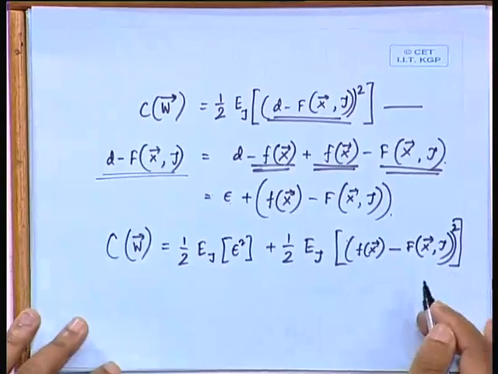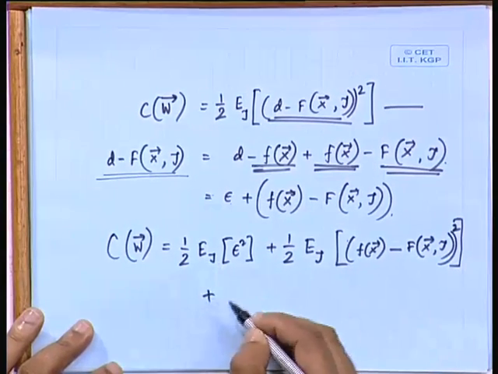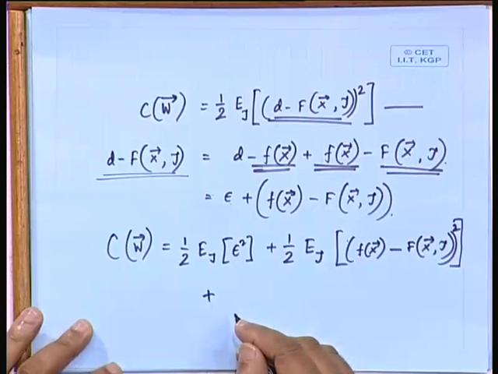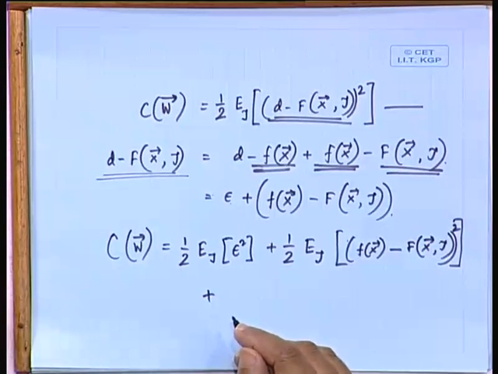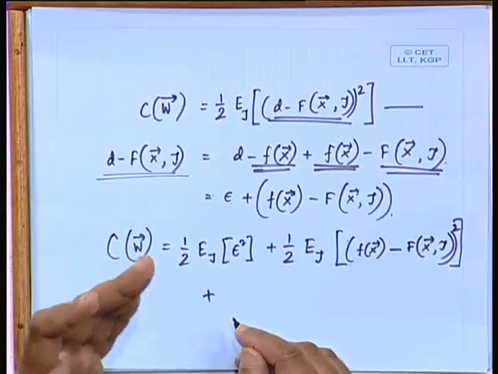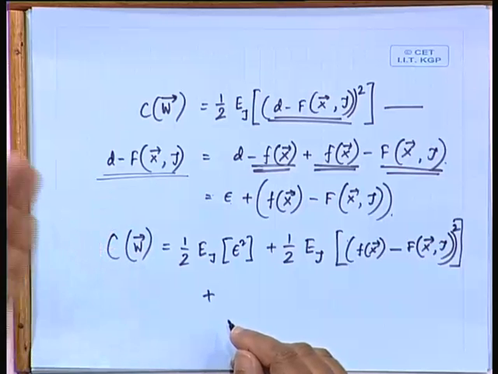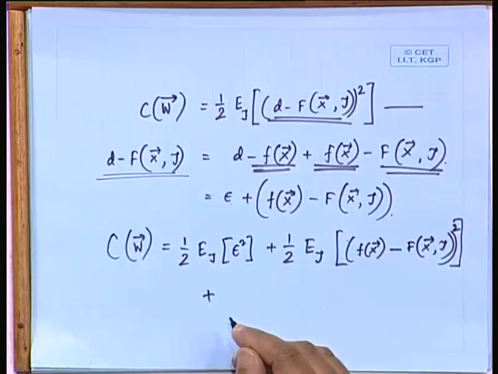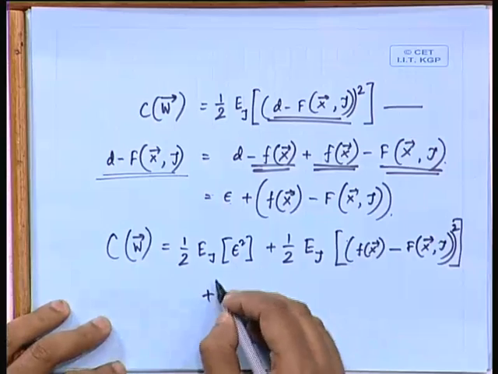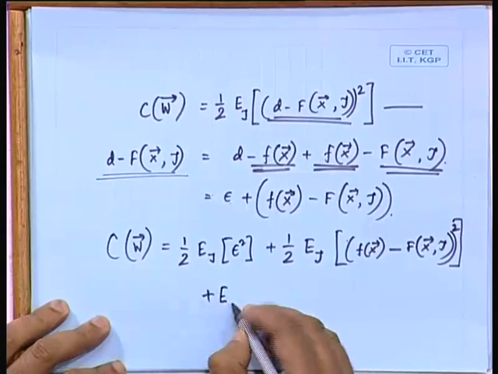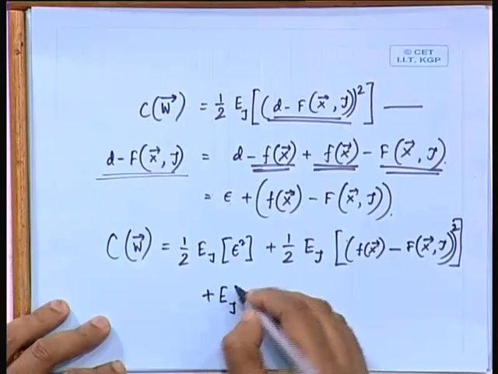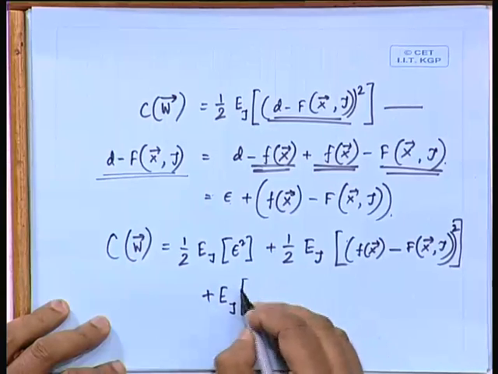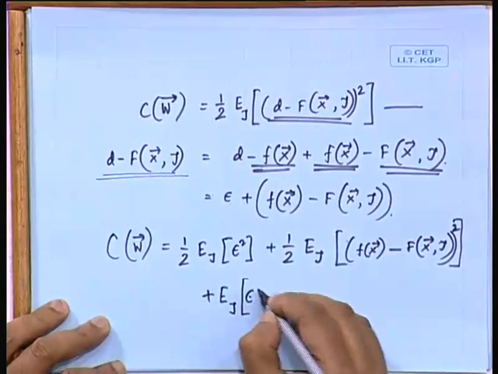And then there will be another term which will be epsilon times this, and I can easily hear that some of the students have already said that this is going to be equal to 0. Why is this equal to 0? For those who have not understood, we can have a brief discussion in the next part, because time is running out for today.